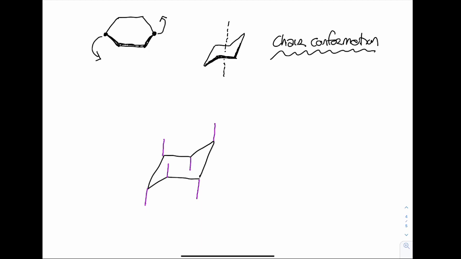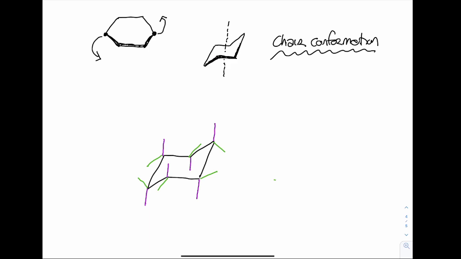So that carbon that's up has the axial carbon up. So its equatorial carbon is going to be slanted down. And notice it's not straight down because it's not axial, it's equatorial. So it's kind of slanted down. This one then is going to be slanted up, slanted down, slanted up, slanted down, slanted up. So they are going to alternate.